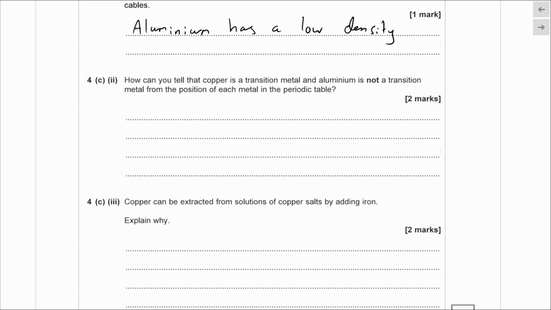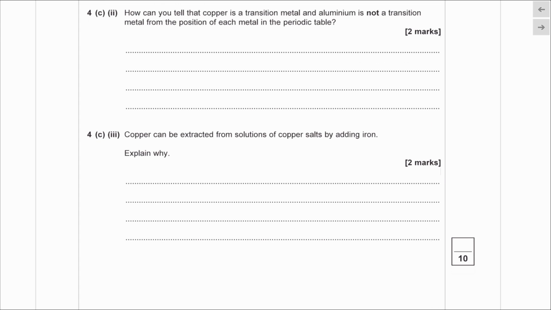4c part 2, how can you tell that copper is a transition metal and aluminium is not a transition metal from the position on the periodic table? Okay, so quite simple. Copper is in the middle block. If you look on a periodic table, copper has the symbol Cu, and so it's in the middle block, and I'm going to put in brackets there, the transition block.